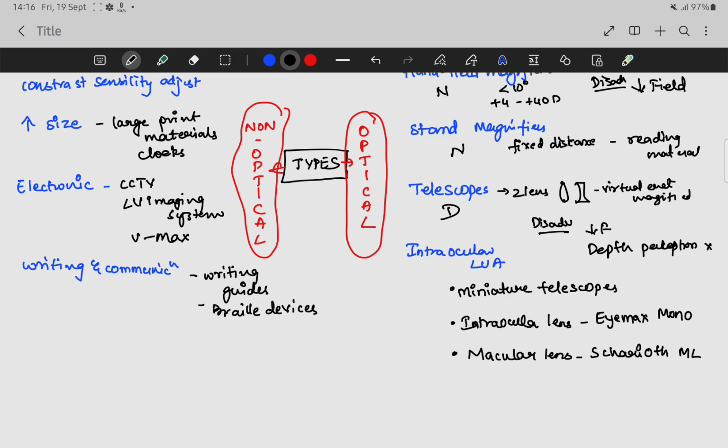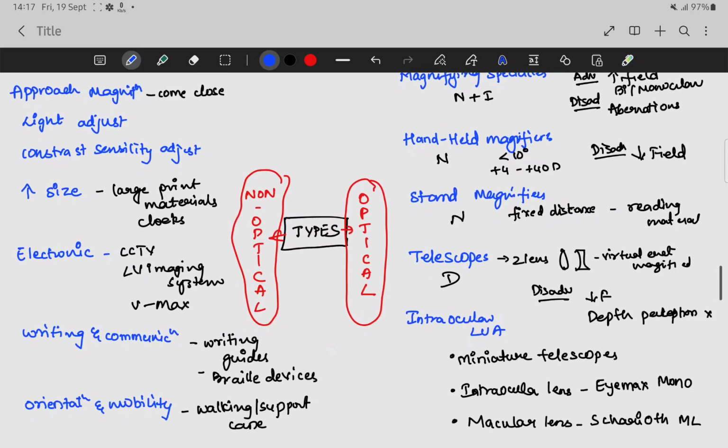Then we have orientation and mobility devices. We have walking sticks, cane, support cane, etc. And we have auditory or sensory substitutes.